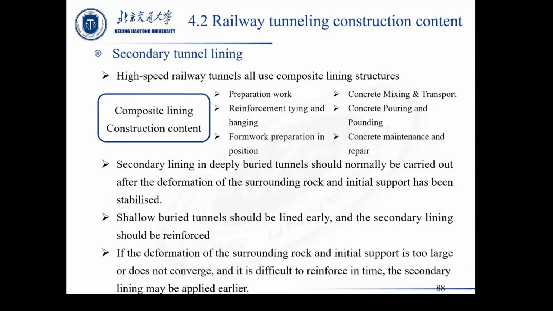And high-speed railway tunnels are lined with a composite lining structure, the construction of which includes preparation work, erection and hanging of reinforcement, pre-fixing of reinforcement in place, concrete mix and transportation.